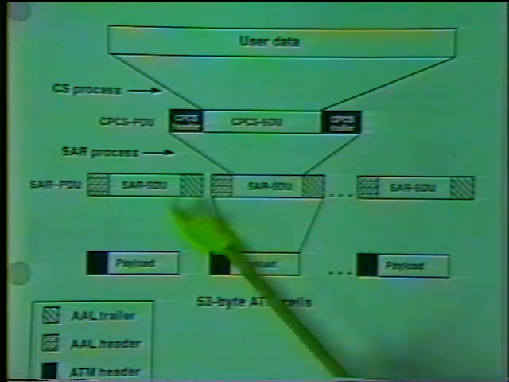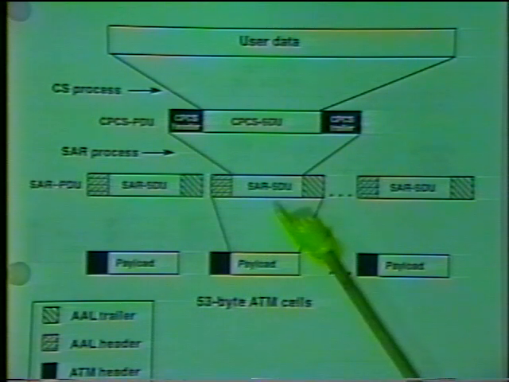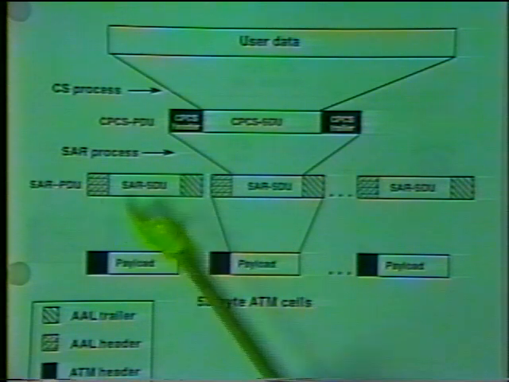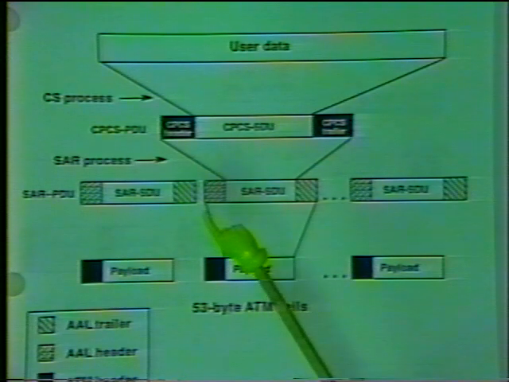And once we've segmented these off, they'll have an associated header and trailer, and it'll contain information such as sequencing so that these cells will be sent in the correct order, and more importantly, reassembled in the correct order.